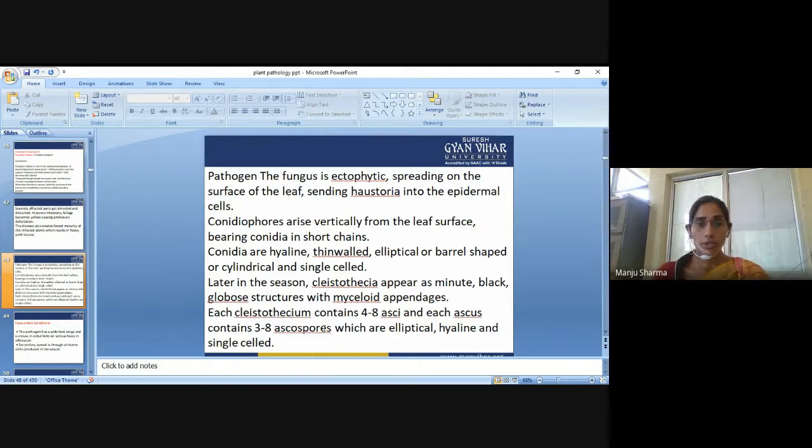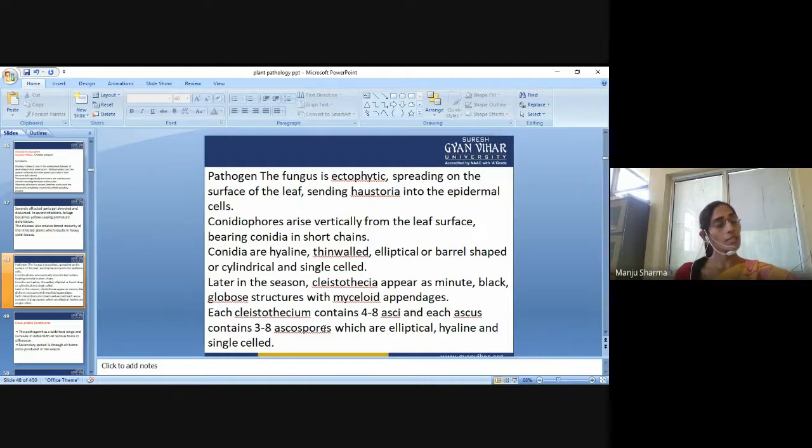The pathogen is ectophytic. Ectophytic means they are attached to the surface of the plant and cause the disease, absorbing nutrients from the surface of the plant. These are not endophytic.